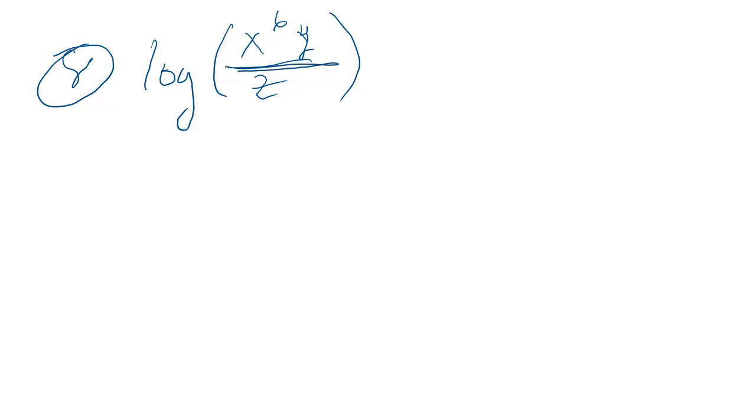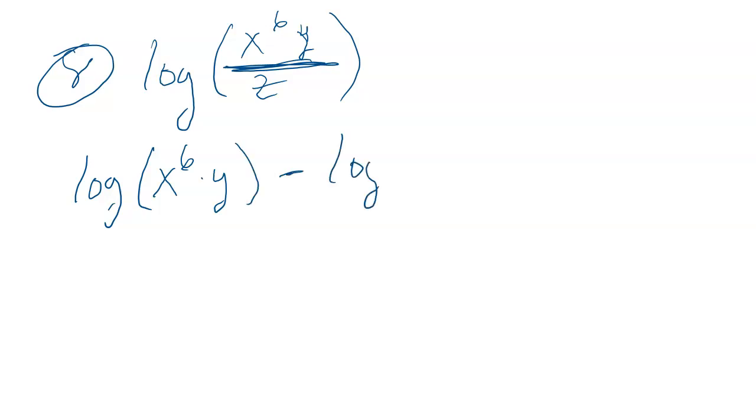All right. Number 8 says we can expand. So we want to expand log of x to the 6 y over z. I'm first going to think of this as a grouping symbol, so you have the top and the bottom. I'm going to write that as a difference of 2 logs: log of x to the 6 times y minus log of z.